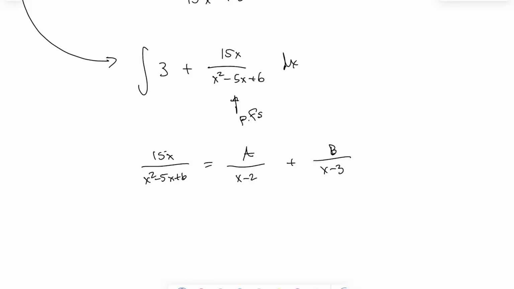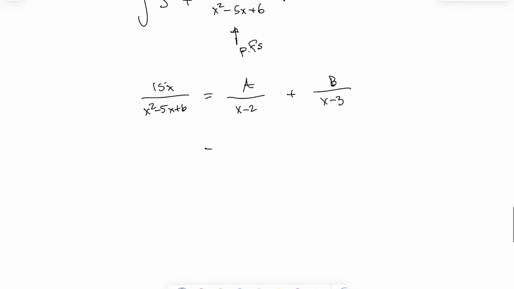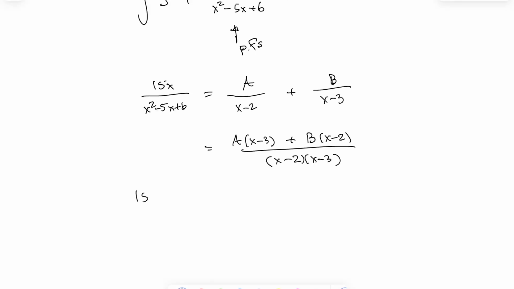All right. Do our common denominator thing. Here it'll say A(x minus 3) plus B(x minus 2) over this business. And then we equate the two numerators. So 15x equals, I'll rearrange the stuff over here, (a plus b)x, and then plus negative 3a minus 2b.